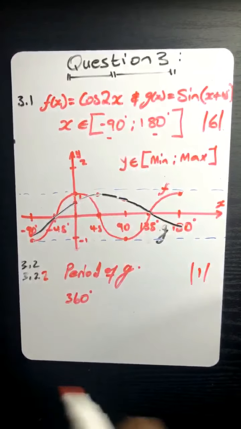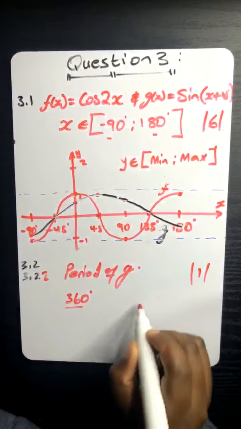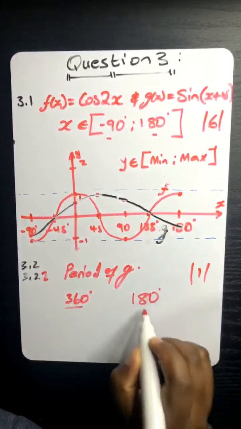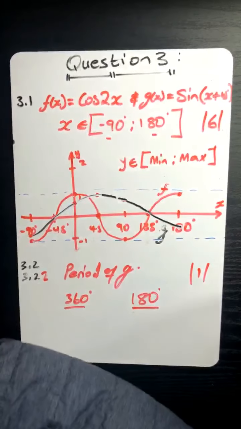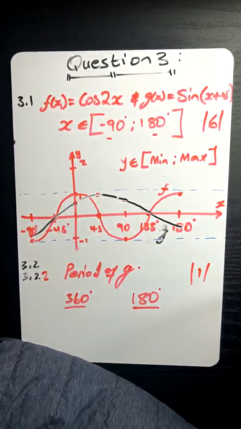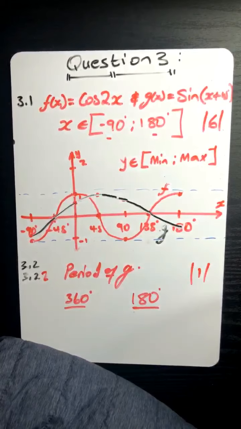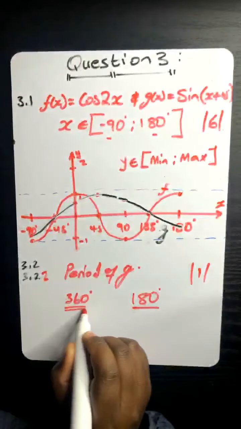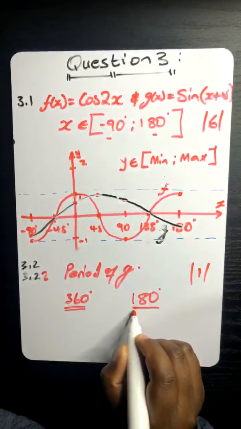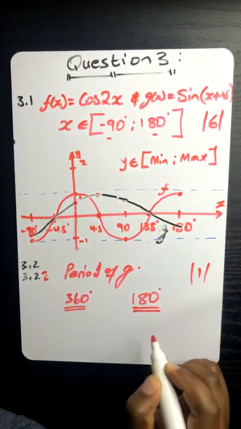Okay, let's see. We have 360 and then 180. Can maybe someone explain why 360? The other one is saying 360 and the other one 180.